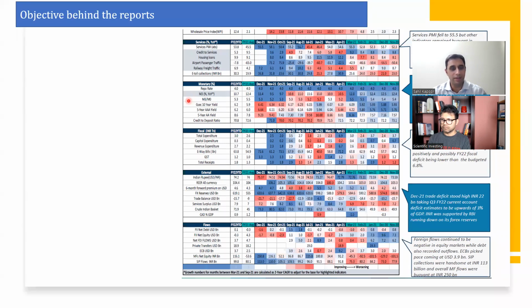So if you are really serious about understanding these numbers, that is the information that you should seek, right? For example, if you look at this housing loan within the services segment, where does this number come from? If RBI releases this data every fortnight, every month, this number is updated from the RBI data set.